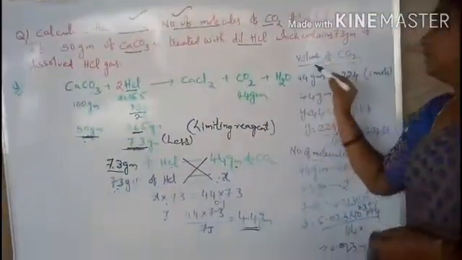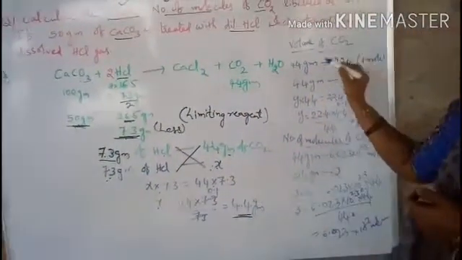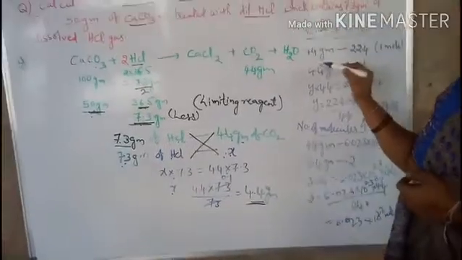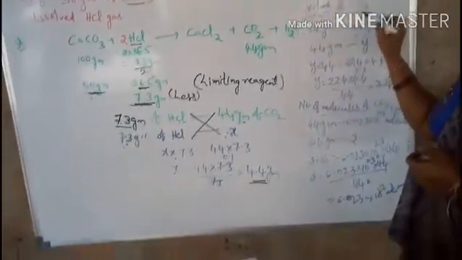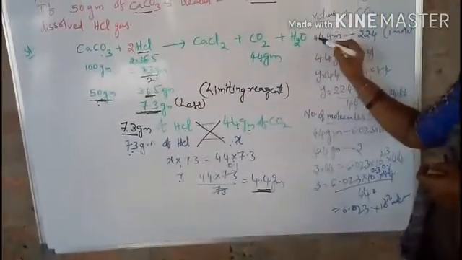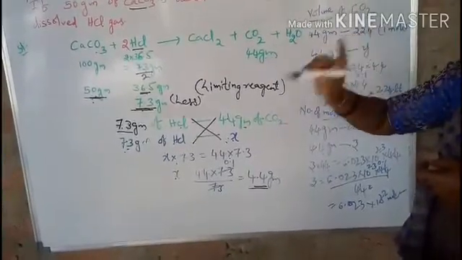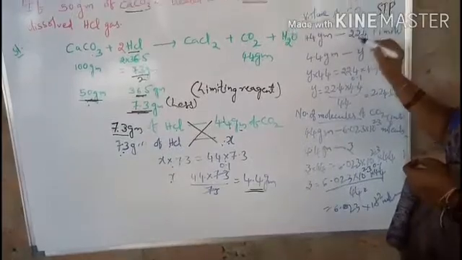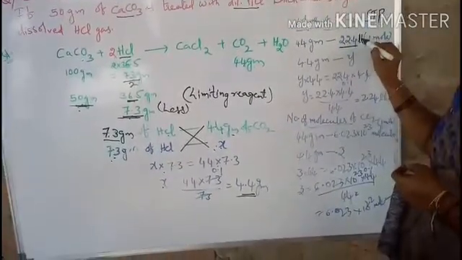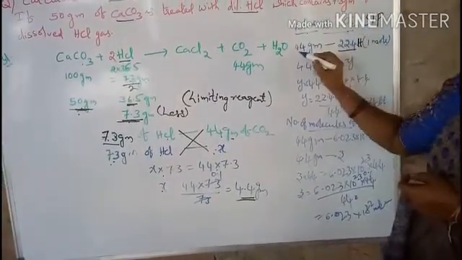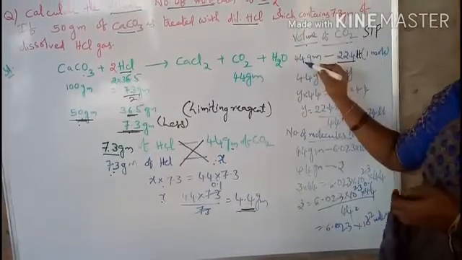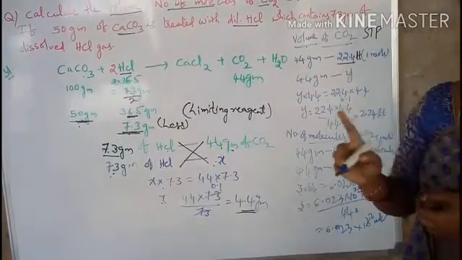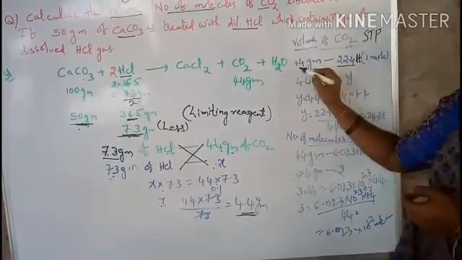Volume of CO2. So we have to calculate the volume of CO2 now. So 44 grams of CO2 means 1 mole. 1 mole at STP occupies 22.4 liters of volume. 1 mole of anything like CO2 or O2 occupies 22.4 liters of volume. 1 mole of CO2 weighs 44 grams.